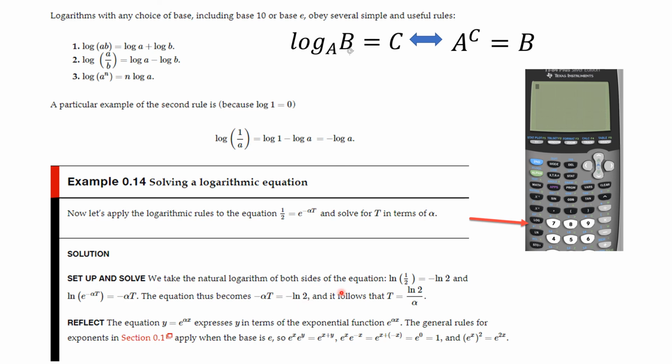So we can take the natural logarithm of both sides. We get the natural logarithm of 1/2. That's the logarithm of this side. And when I take the natural logarithm of this other side, I tear off the exponent, and I get minus alpha t. So that leaves us with minus alpha t is equal to minus ln 2. That means we can divide both sides by minus alpha, and we get t is equal to the natural logarithm of 2 divided by alpha.